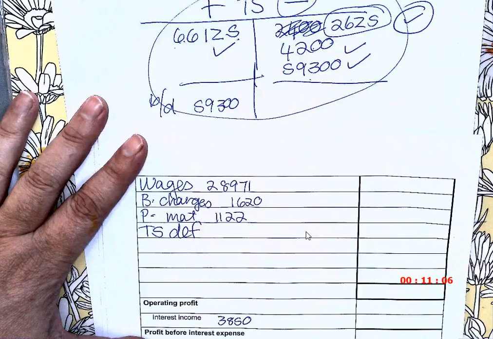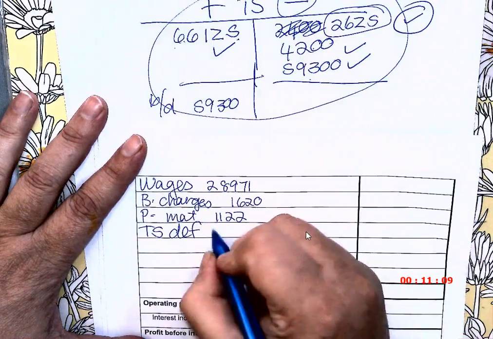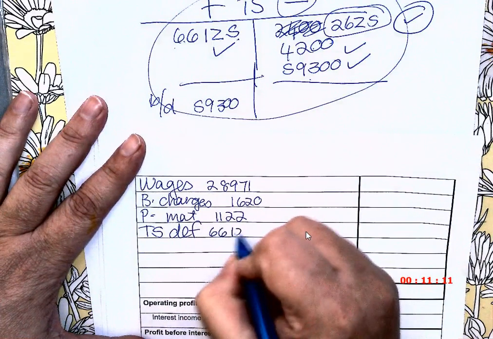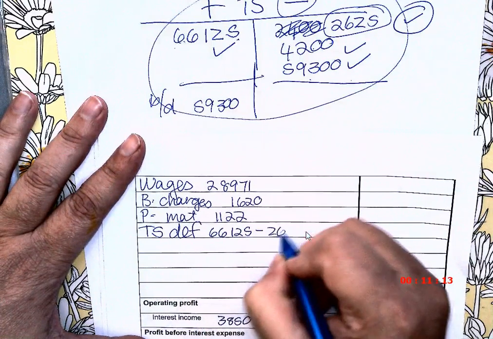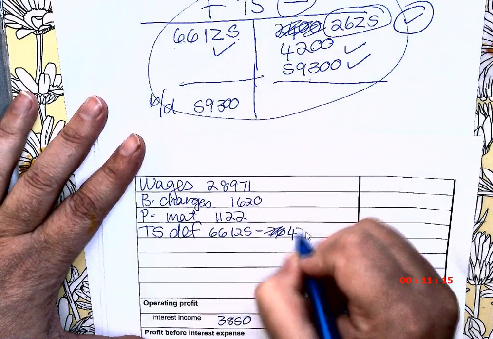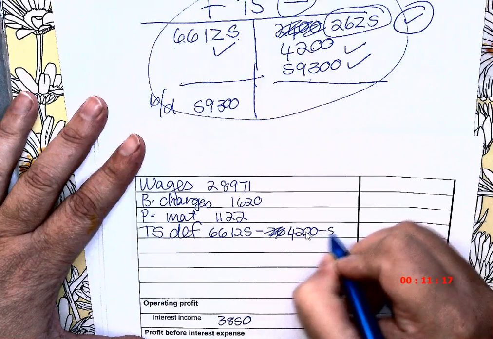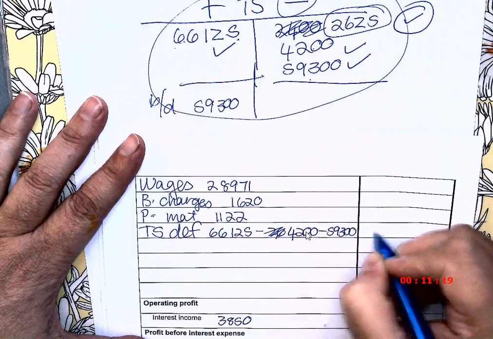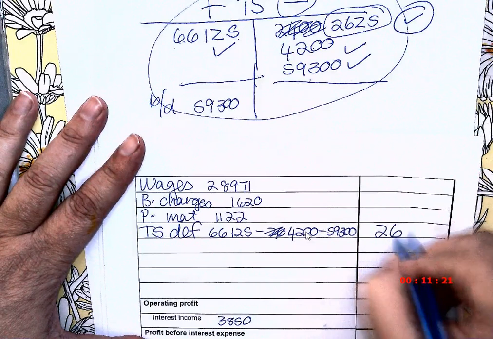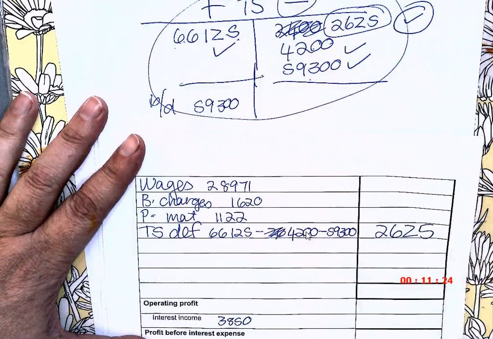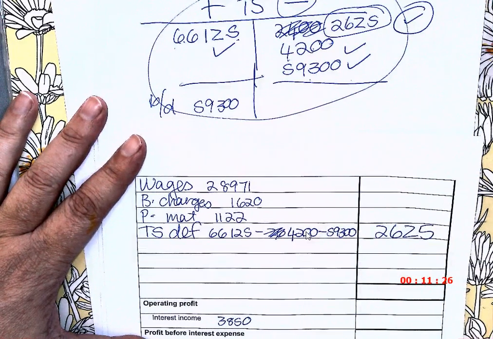You can't lose it. So you put in 66,125 less 4,200 less 59,300, and it gives me 2,625.